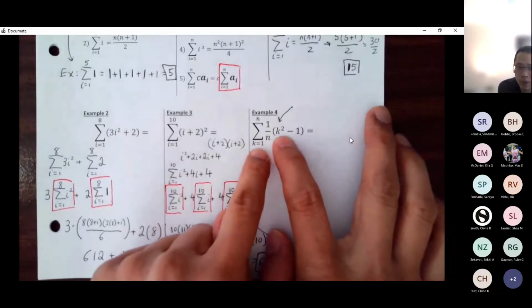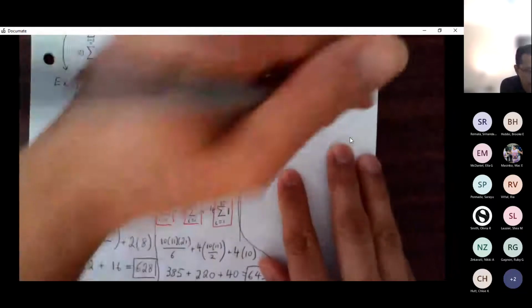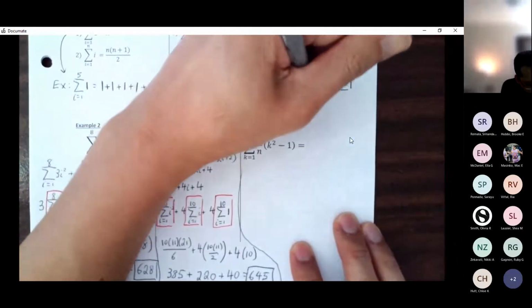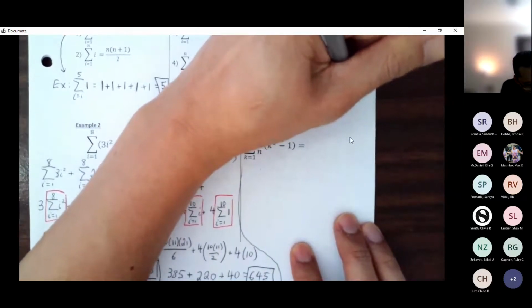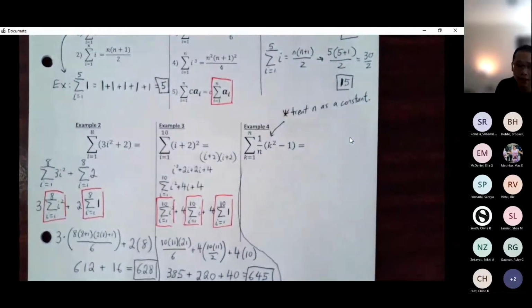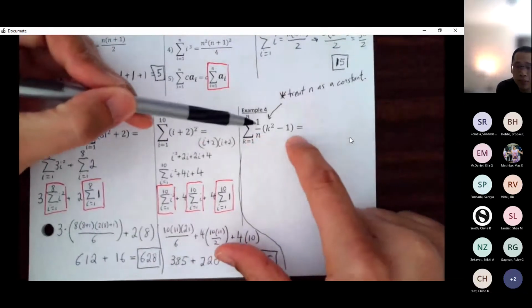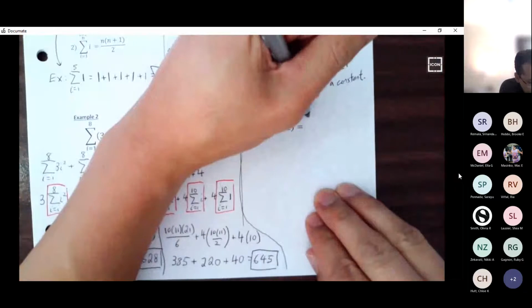It's only the k that we want to isolate. The n is really just a coefficient. So treat n as a constant. Just like before, we're going to try to clean up the parentheses. So I'll distribute the 1 over n through.